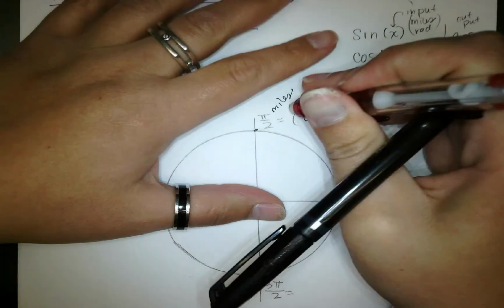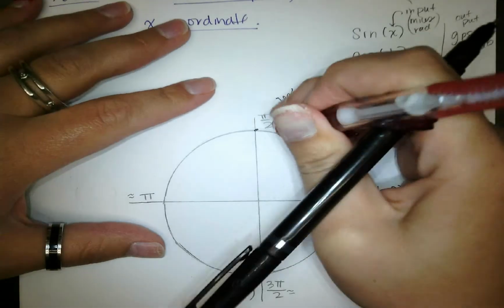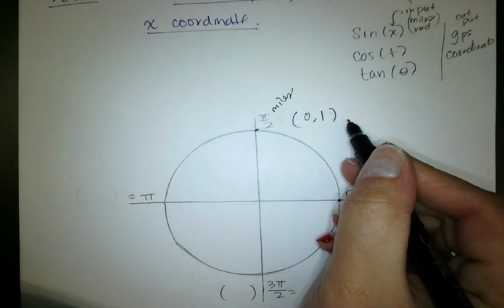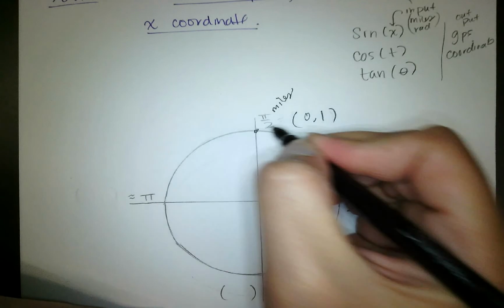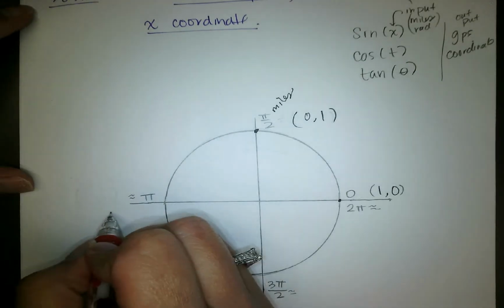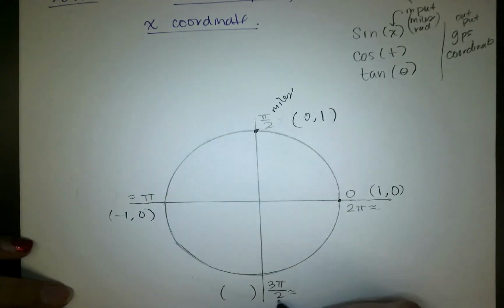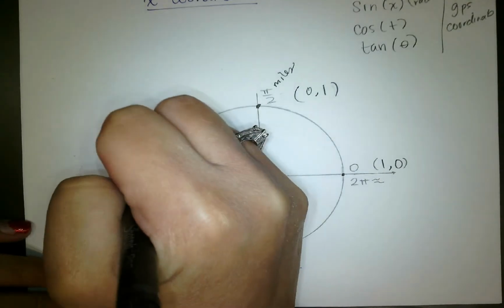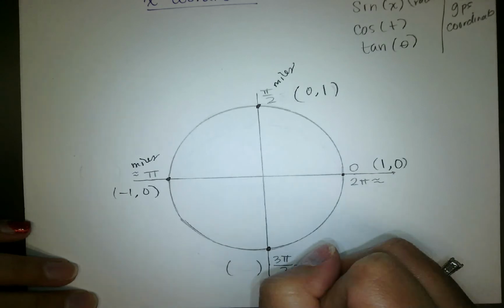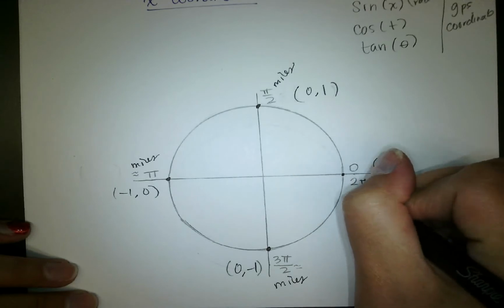I done messed this up. Whoopsie. Pi over 2 miles, which is the point (0, 1). Pi miles, which is the point (-1, 0). And 3 pi over 2 miles is (0, -1). And then 2 pi miles.